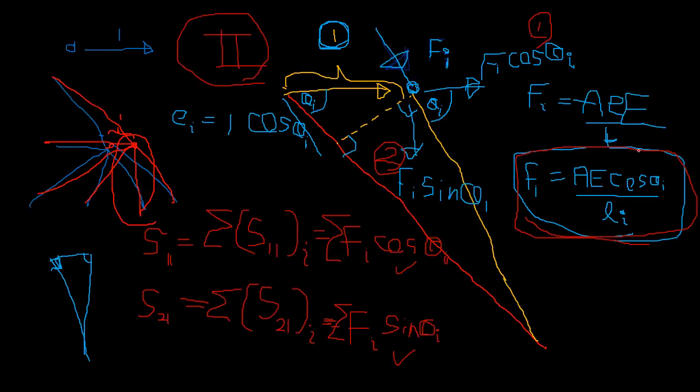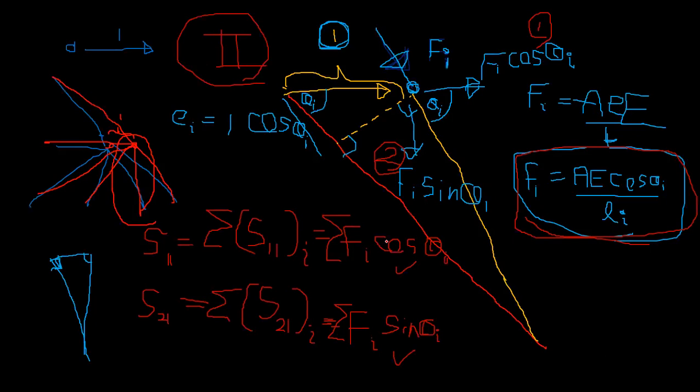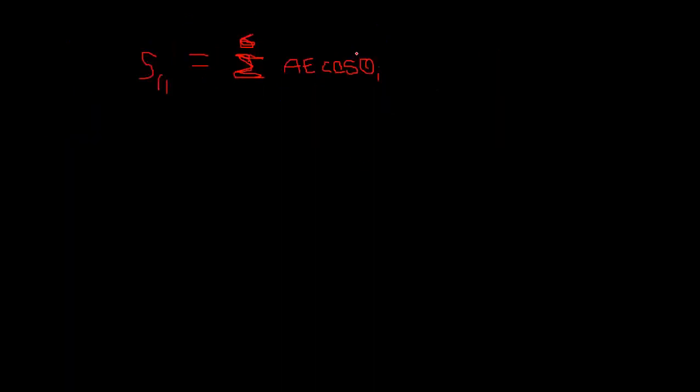So in the F, you have to write F as it is, AE cos theta over Li, multiplied by another cos theta, right? So that means cos squared theta over Li.